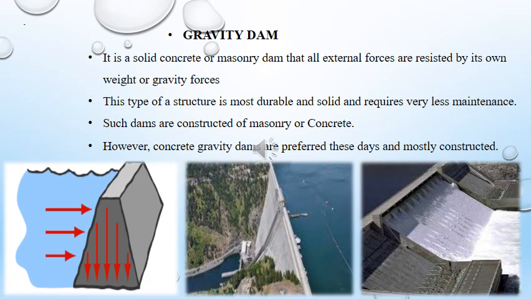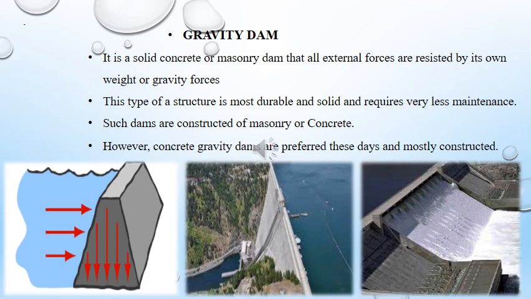A gravity dam is one in which the external forces are resisted by the weight of the dam itself. Thus, the forces disturbing the stability of the dam are resisted by the gravity force of the mass of the dam. A gravity dam may be constructed of either masonry or concrete.